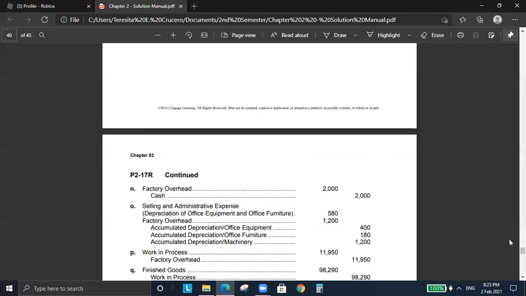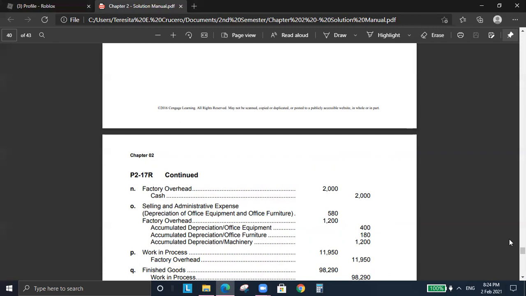Now, letter P, factory overhead charged to jobs: debit work in process, and credit factory overhead, being a manufacturing cost element. So we have the third debit to work in process.